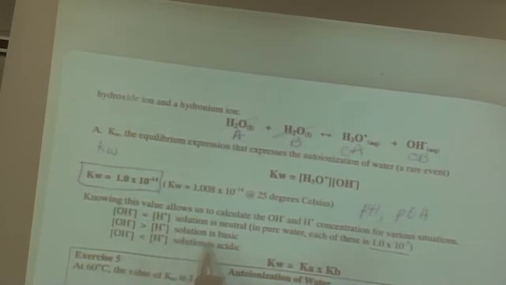If the opposite is true, it is acidic. At all times, this equation holds true: Kw is equal to Ka times Kb. So if you know Ka, you can figure out Kb. Got it? Because this is constant.